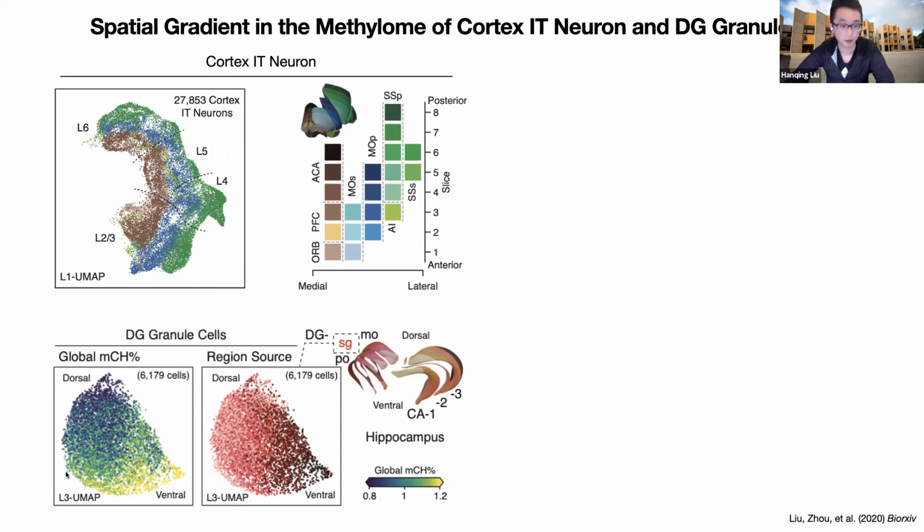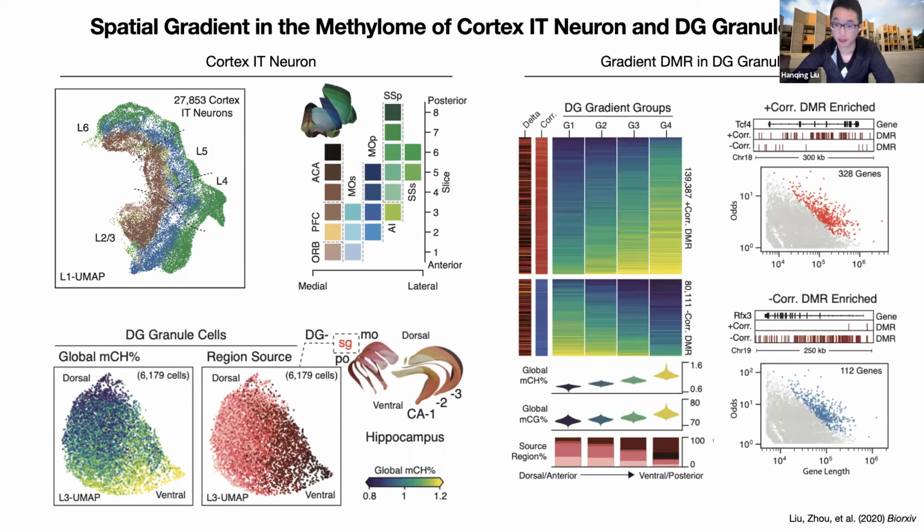And also in some relatively homogeneous cell types, like the DG granule cells identified in the dentate gyrus of the hippocampus, we can see that within this homogeneous cell type, there is a methylation gradient, which corresponds to their spatial distribution. And we can identify genes and differential regulatory elements associated with these gradients.